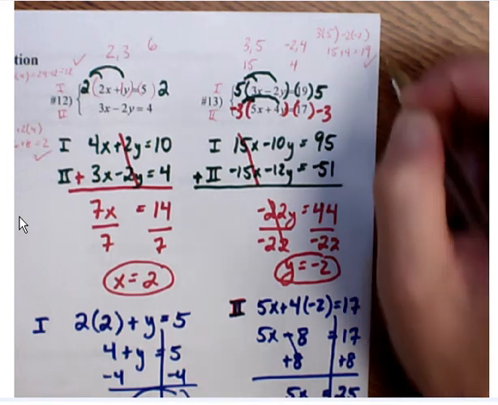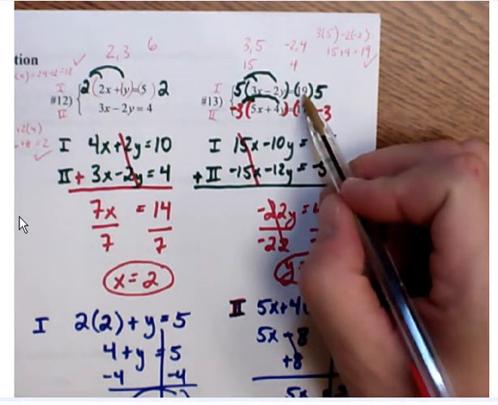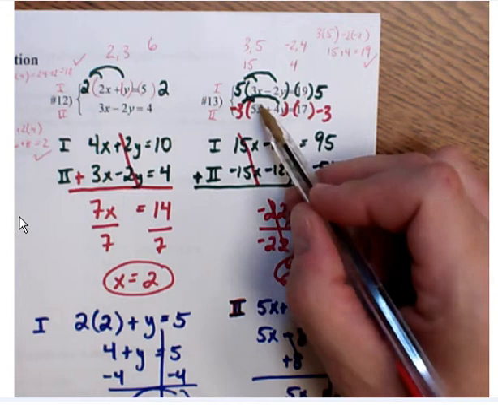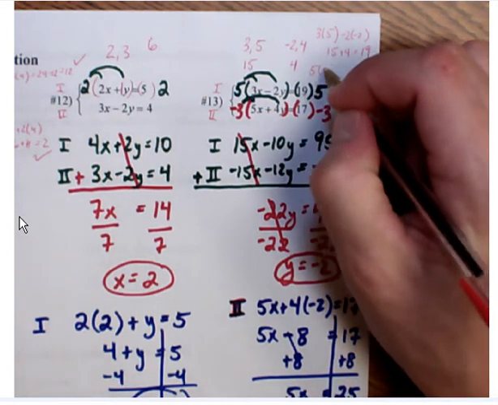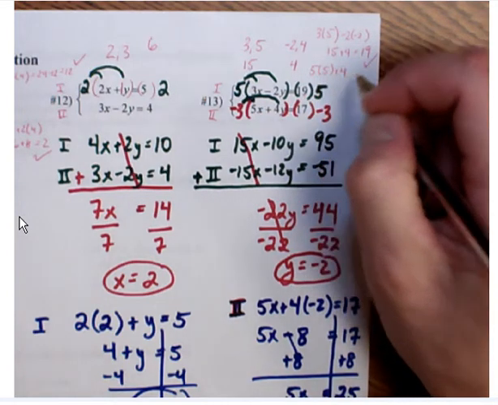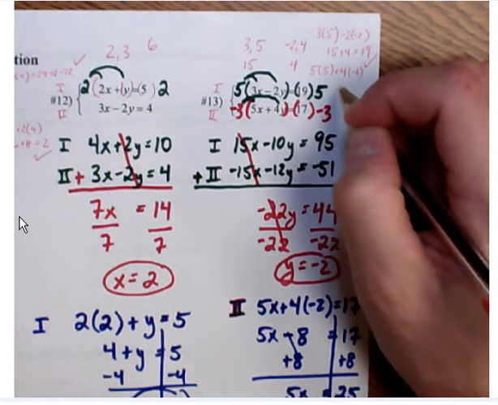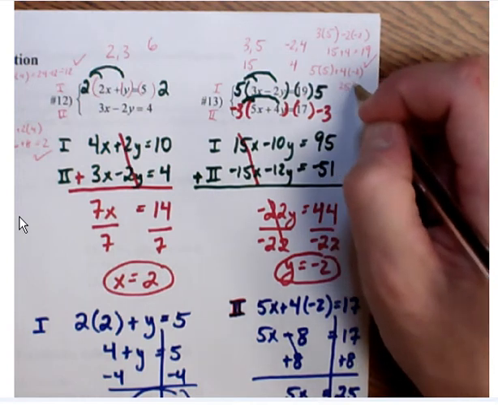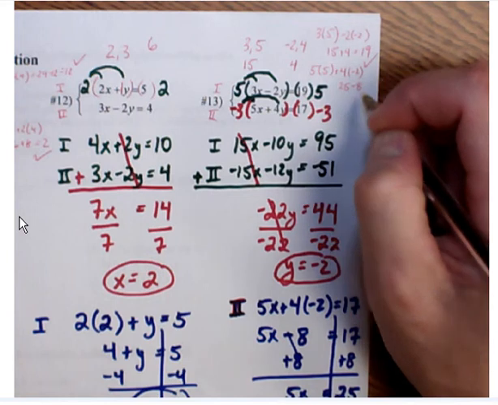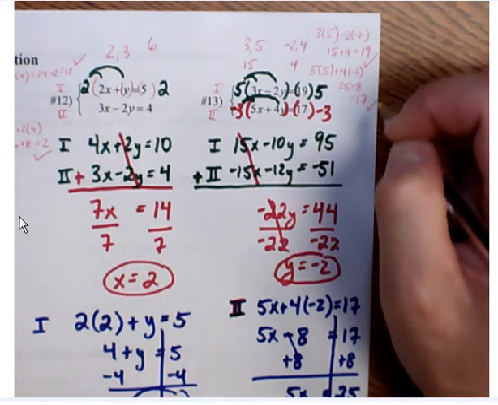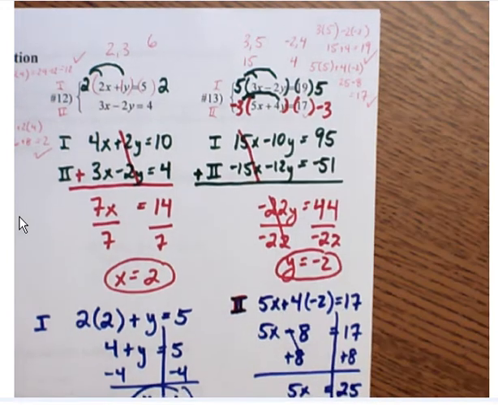Check. It equals 19. That's good. How about the second equation? So 5x, that's 5 times 5, plus 4y, 4 times negative 2, we get 25 plus negative 8, or minus 8, equals 17. Check. Everything's good.